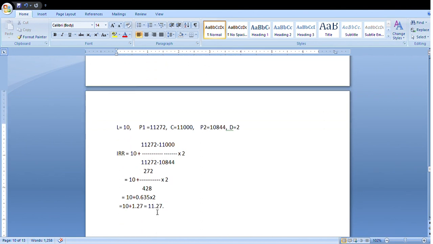Next, 10 plus 0.635 into 2 is equal to 10 plus 1.27, which is 11.27. This formula problem is over. Thank you.